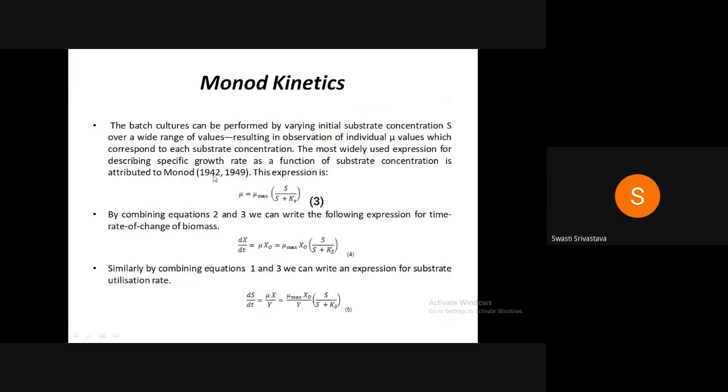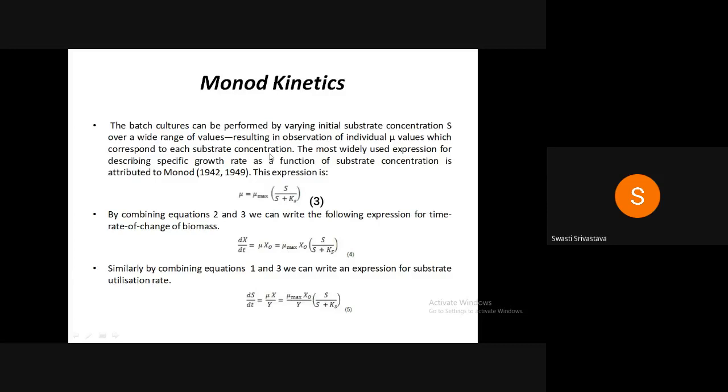This essentially gives you the growth kinetics, or how the cells grow in batch cultures. The cultures can be performed by varying initial substrate concentrations over a wide range of values. So, the substrate concentrations are varied, and the resulting observations of individual mu values correspond to each substrate concentration.